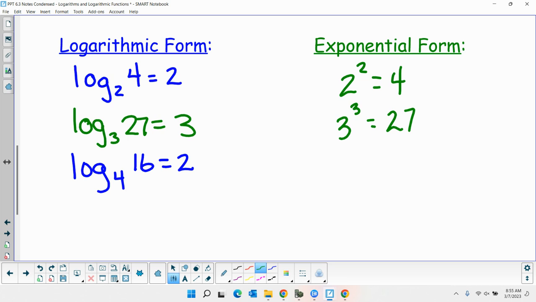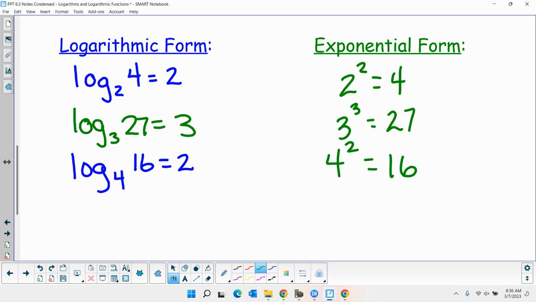Remember, say log base b. So that's your base over here. That's right, and that's the exponent equals the number. So we say log base 4 of 16 equals 2. Its exponential equivalent is 4 squared is equal to 16.